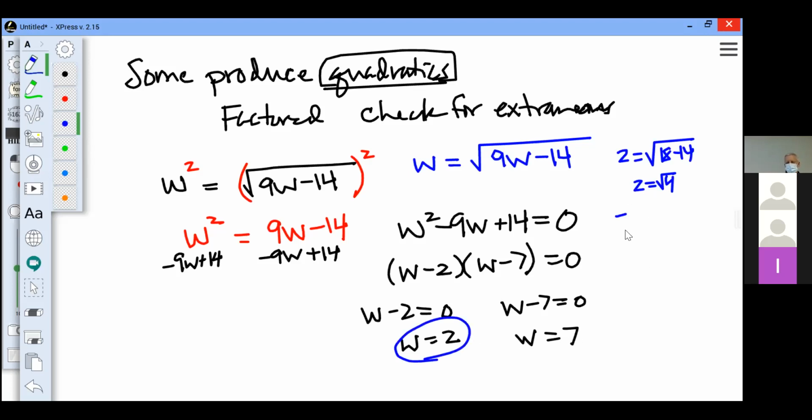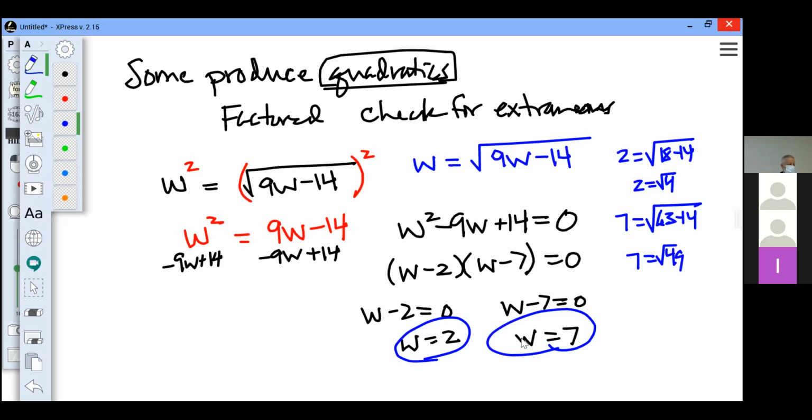If I put in 7, then it's the square root of 63 minus 14, which is the square root of 49. Okay, they both work. There are times when one of them doesn't work, so we've got to be careful to check for extraneous answers.